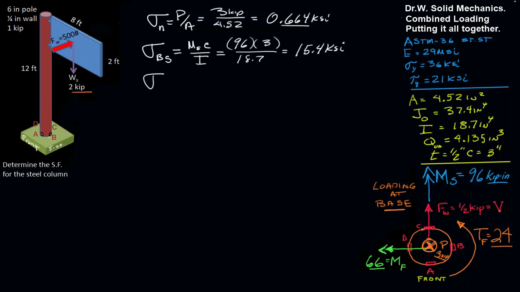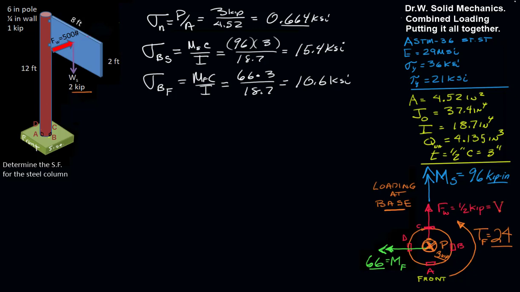The other bending stress will be due to the force of the wind, so that'll be M_F c on I. And c and I are the same here since it's a round column. And M_F is 66 times 3 on 18.7. We get 10.6 KSI from that.